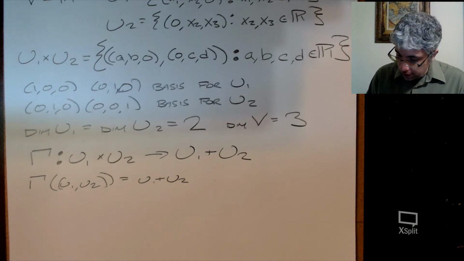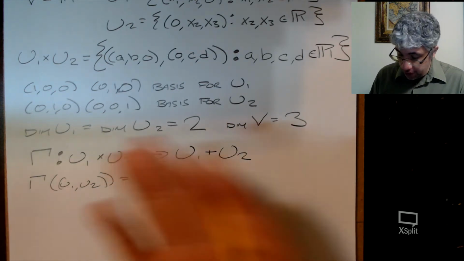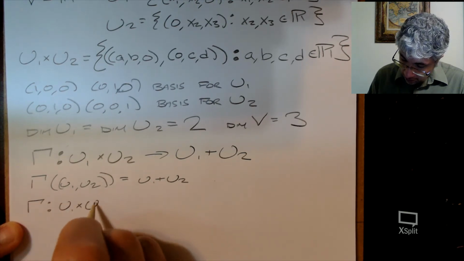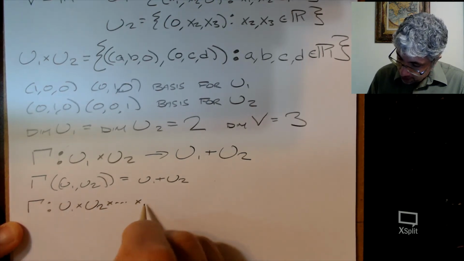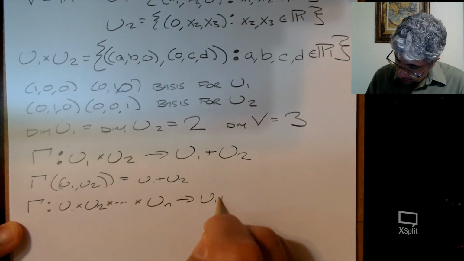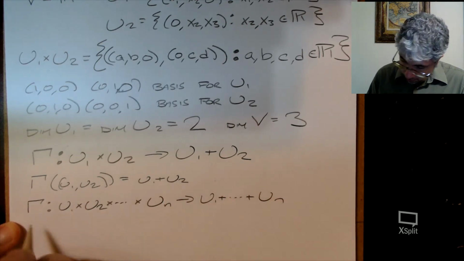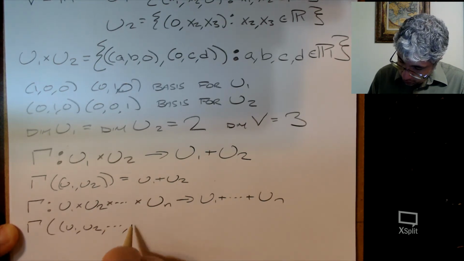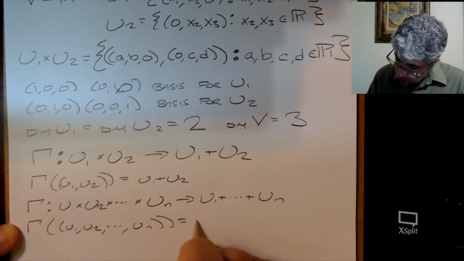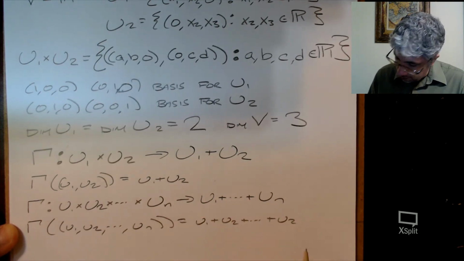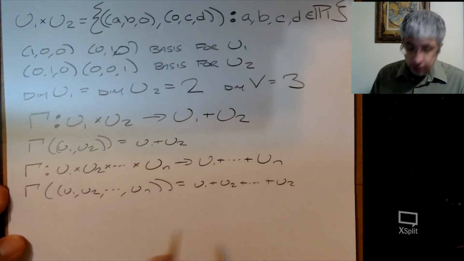Okay, and in general, I could do this with a number of vector spaces. If I had more spaces here, I could define gamma to be the map that sends (U1, U2, through UN) to the sum of whatever the individual pieces are. So how would this work here?